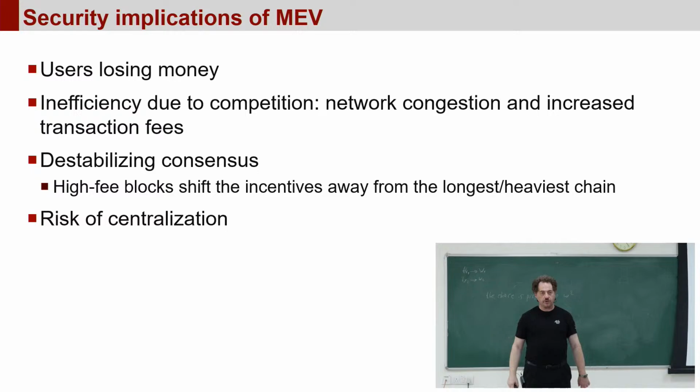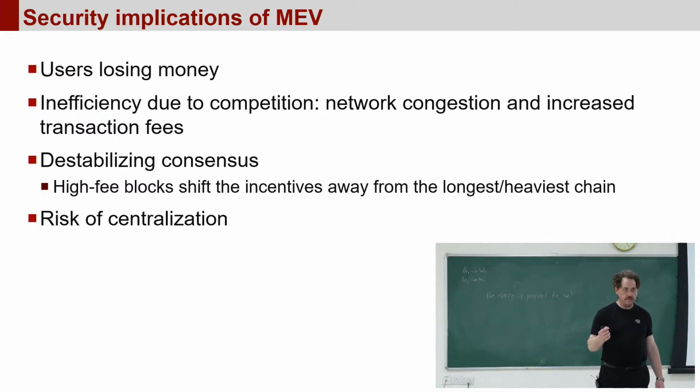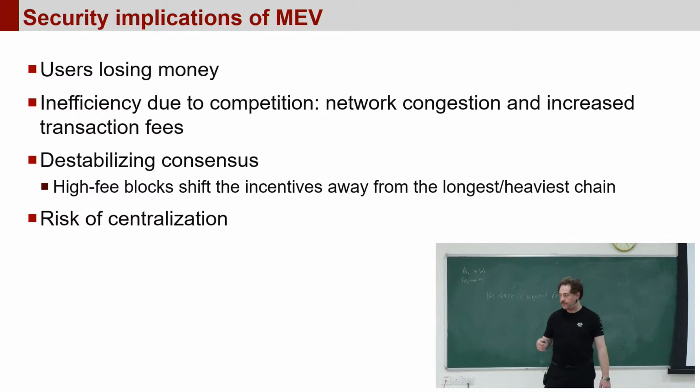So you need to have a lot of funds to launch an MEV attack. So not every simple user is able to do that. Only a few stronger users are able to do that, and as a result, we may end up with a centralization in the network.